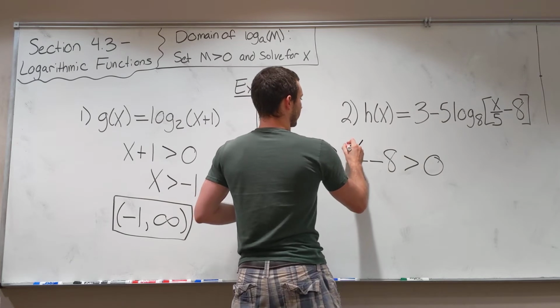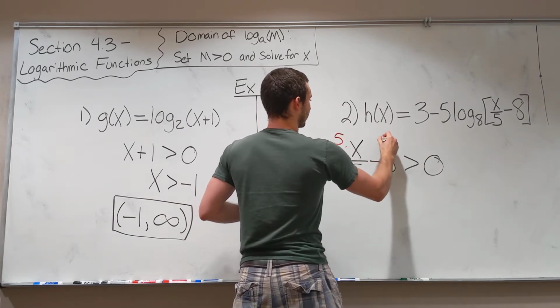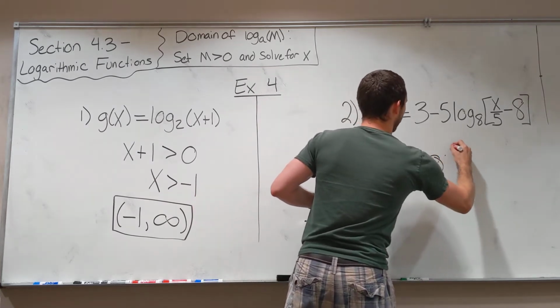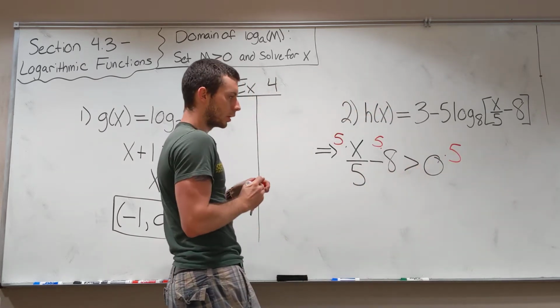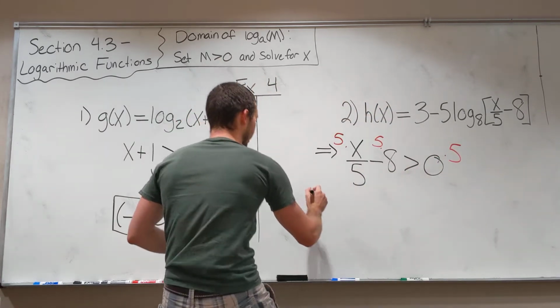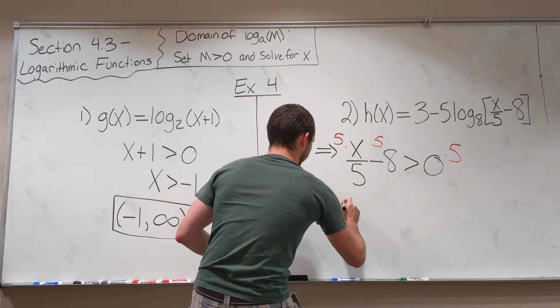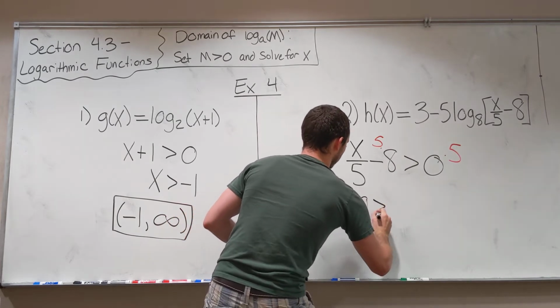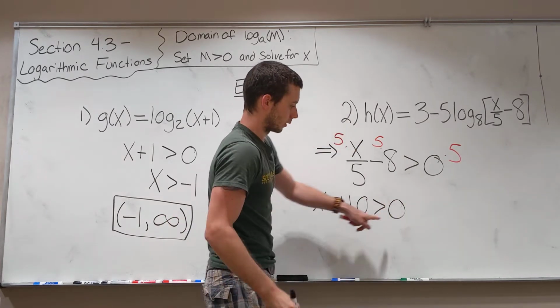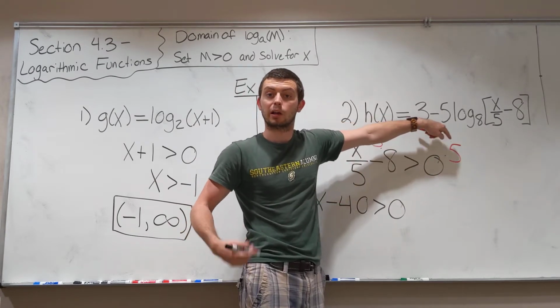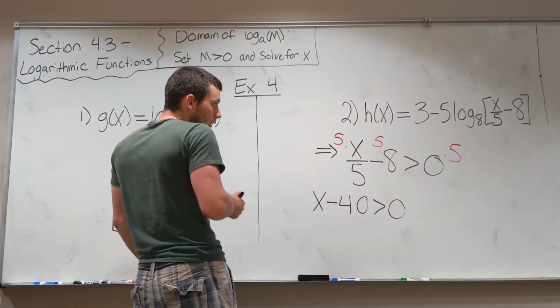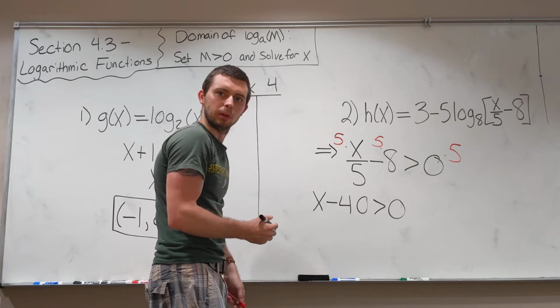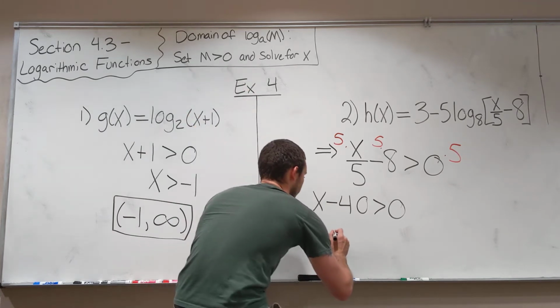Seems like times 5, times 5, times 5. And from here, we simply get x minus 40 is greater than 0. Of course, 0, because 0 times 5 is 0. And so from here, it's just as simple as solving for x.